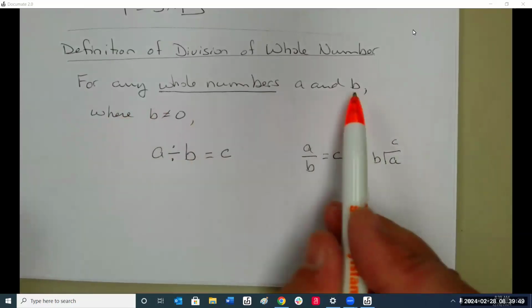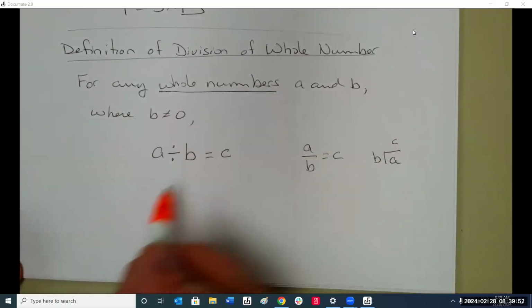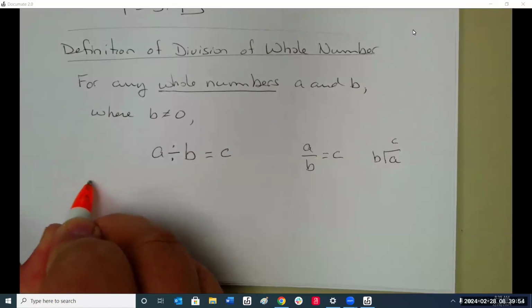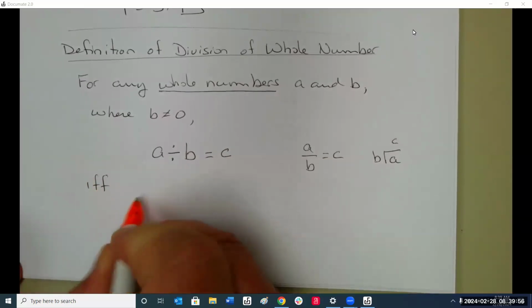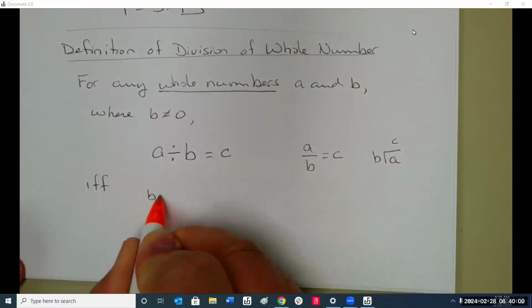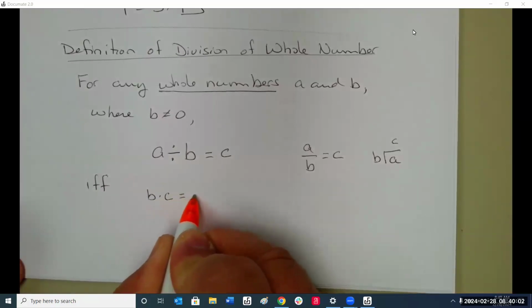So for any whole numbers A and B, where B does not equal 0, this equals C if and only if B times C equals A.